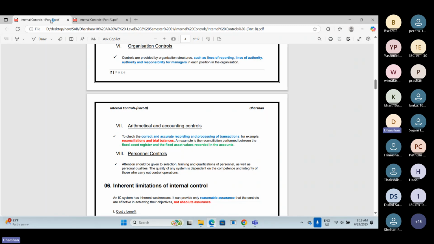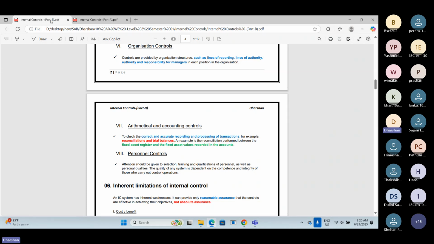Financial statement preparation training, accounting standard training, indirect taxes training, they should provide. By providing the training to the employees or their staff, they can increase the quality of output. When they increase the quality of output, they will get more clients and they can maximize the profit. So this is the objective.